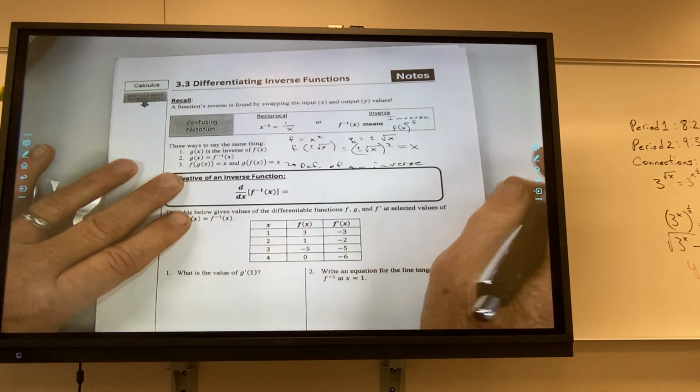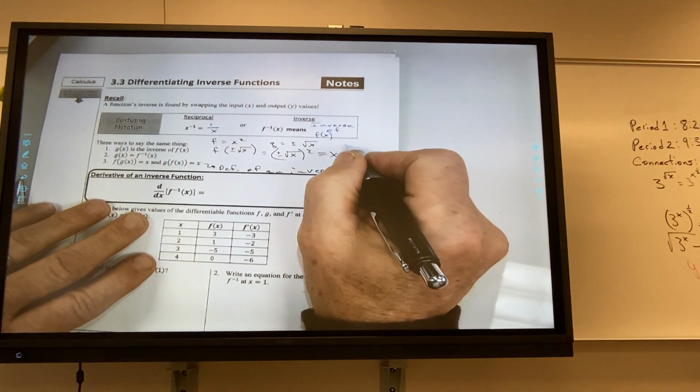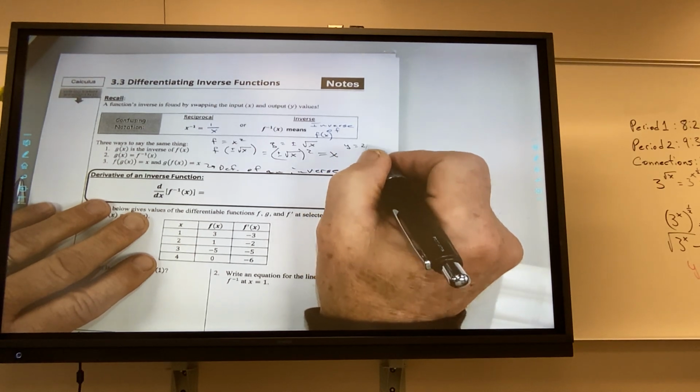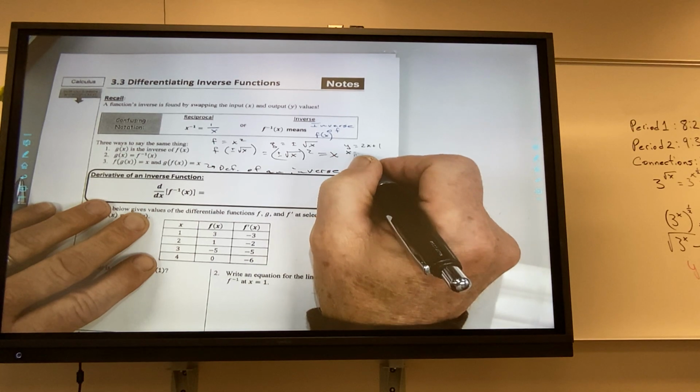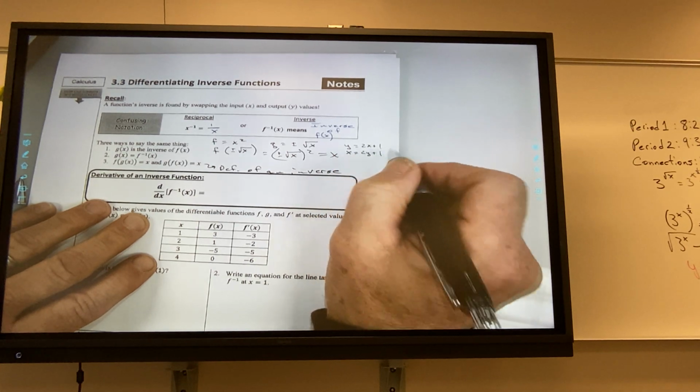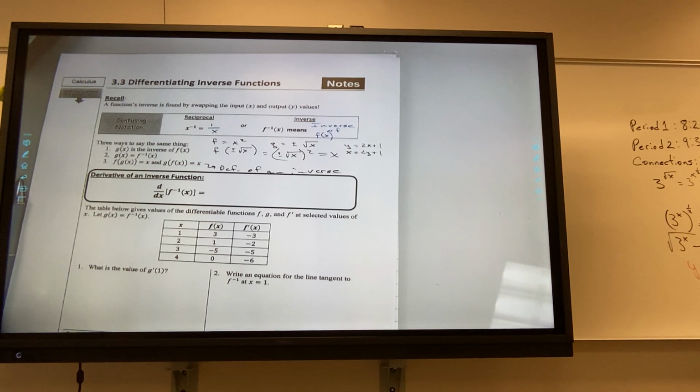You probably did ones like this last year where you said y equals 2x plus 1, and then you said, okay, to figure that out, I'm going to say x equals 2y plus 1. So what you're doing is exchanging the domain and range, correct?